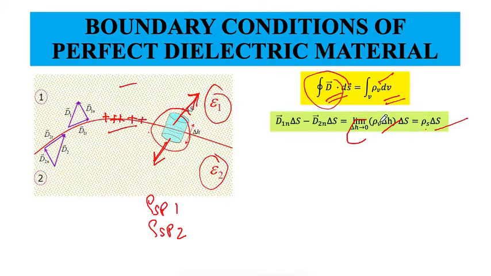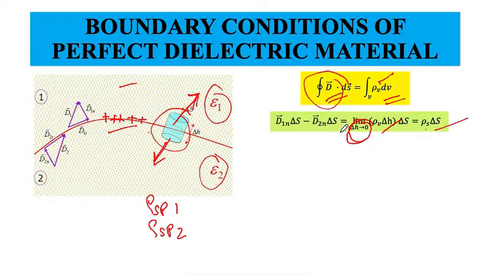Rho v into delta H delta S. Delta S is not going to be 0; only the height of the box is shrinking and shrinking, so delta H approaches 0.